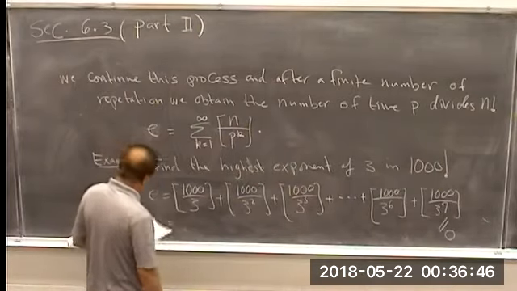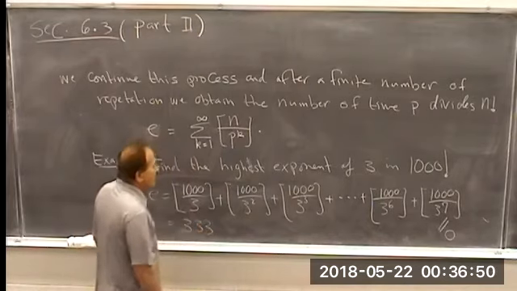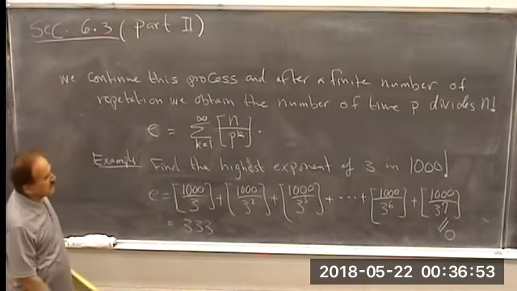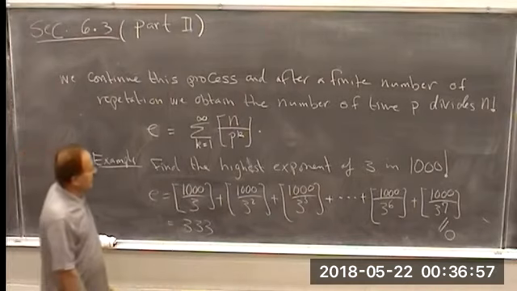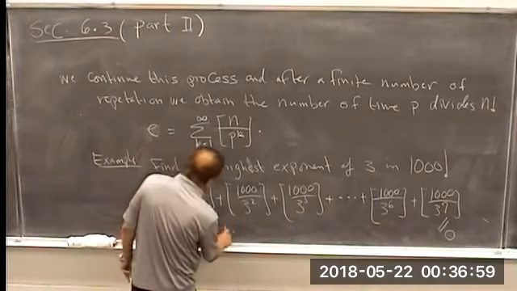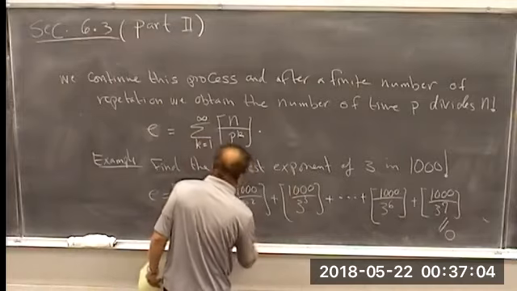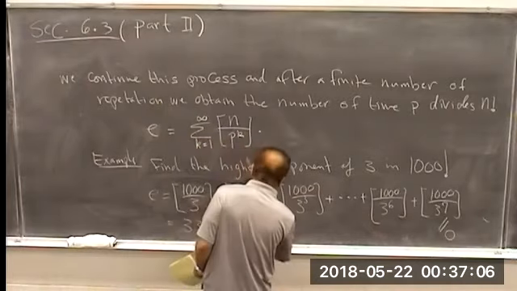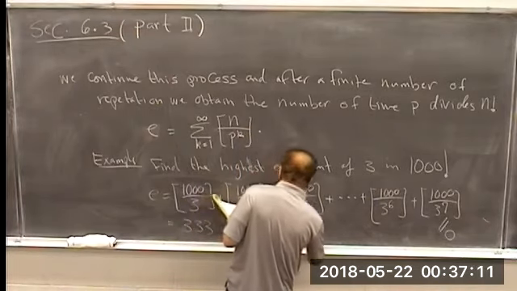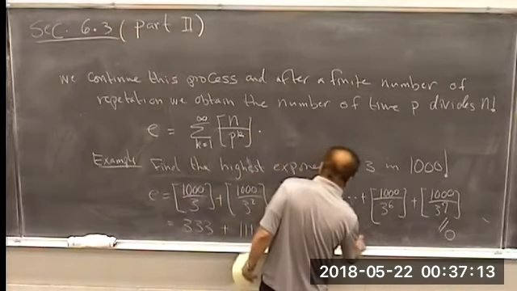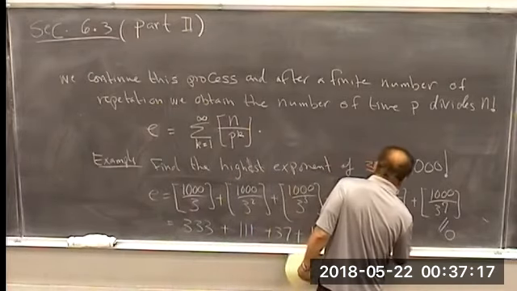So you calculate this, and it turns out 333 of those integers in 1000 factorial contain a 3, all right? And then among those, the ones that contain 9s are 111, okay? And then 27 gives 37, and then 12, and 4, then 1, altogether giving us 498.